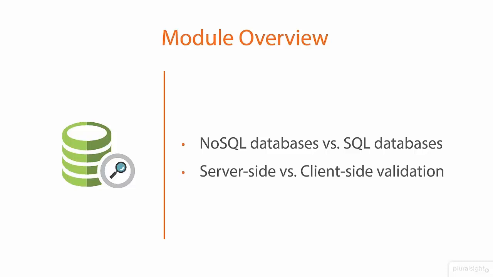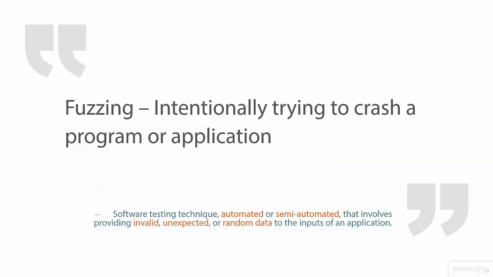And then we'll also talk about server-side versus client-side validation. Again, making sure that our applications don't accept data that we didn't intend, so that someone can't come in and put some malicious code into a form or into an application and basically crash it or take elevated privileges in that application. So let's go ahead and start off with the definition of fuzzing.